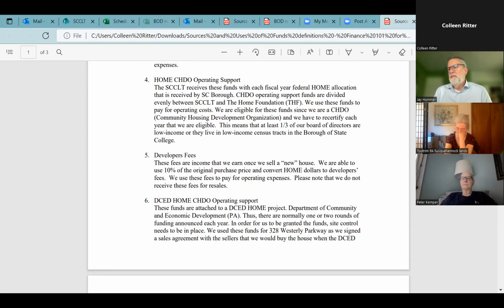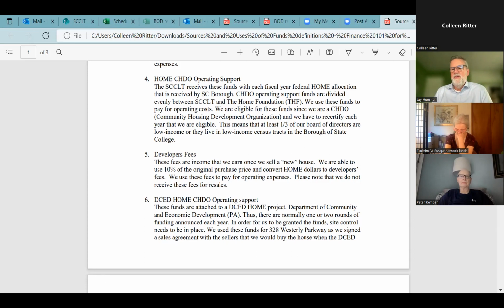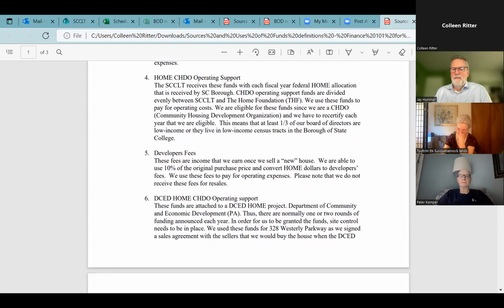Then in Pennsylvania, that is our HOME Investment Partnership Program money. The federal government makes the money available to the states, then the state provides it to the borough, and the borough distributes it, not all to us, but we get some of it. Sometimes it's shared, sometimes not, but that's the big one. That's the one where we get enough chunks of money to buy houses with.